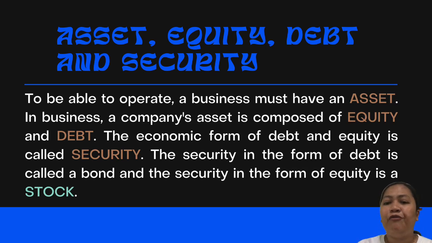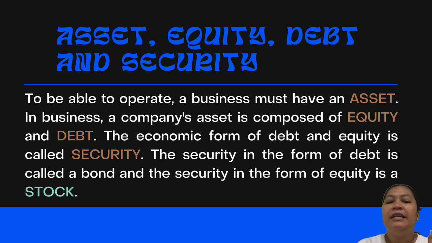The economic form of debt and equity is called security. The security in the form of debt is called a bond, and the security in the form of equity is stock. So when we say the security in the form of debt, or utang, that is called bonds.